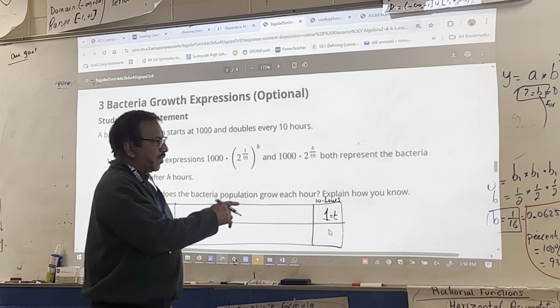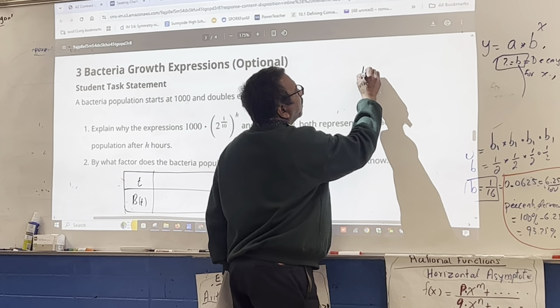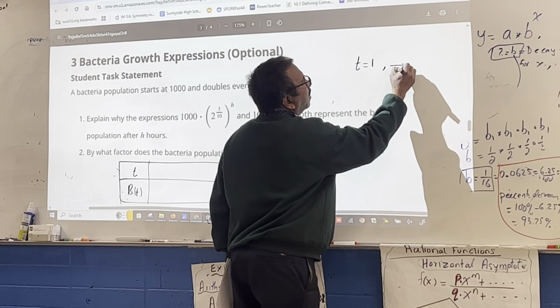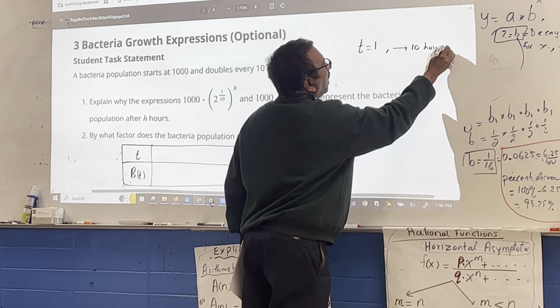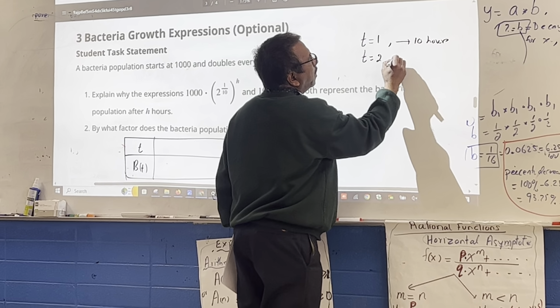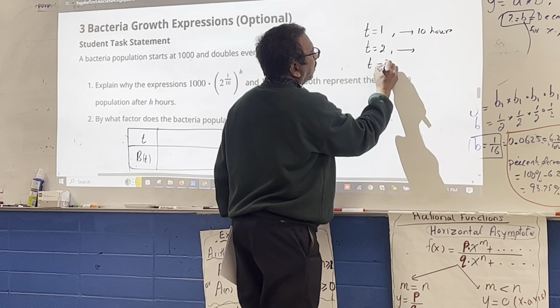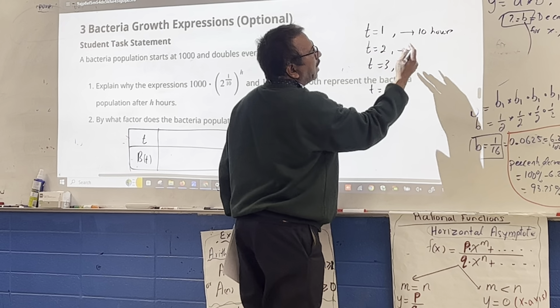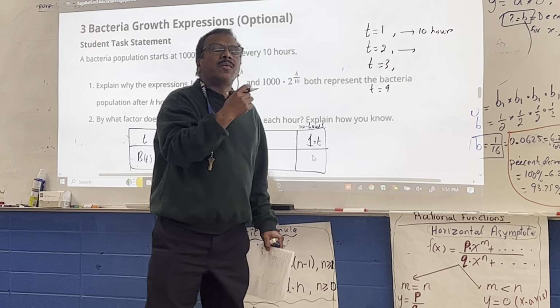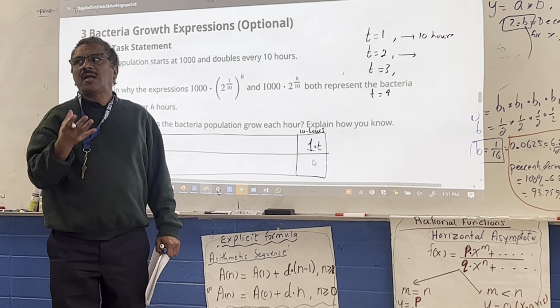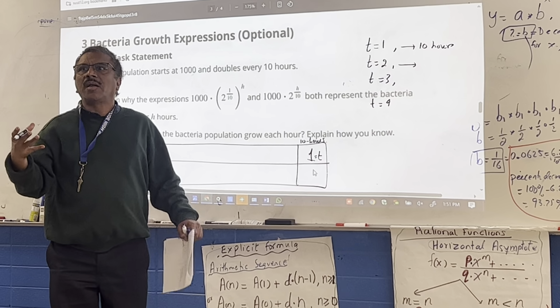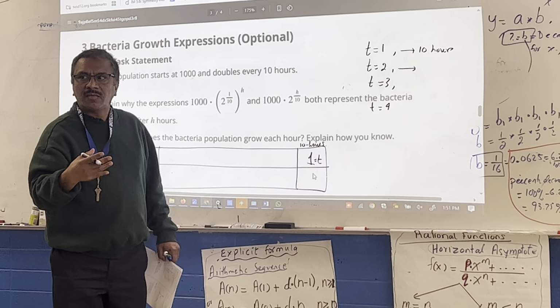What does t equals 1 mean? It means there are 10 hours. Every group of 10 hours is like an increment of 1. Make sense?